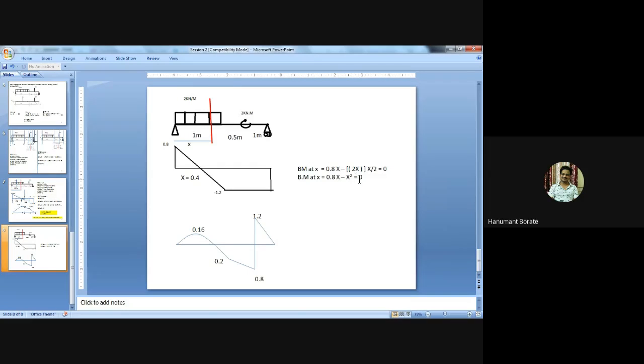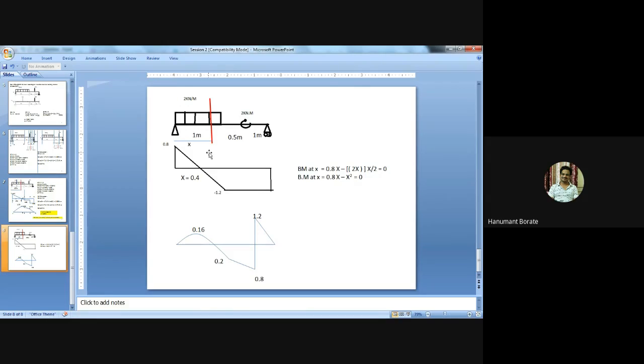0.8x minus x square equal to 0, right? So we'll get x into (x minus 0.8) equal to 0. Okay, so we'll get two values of x, but we know that the value of x will be valid within a distance of 1 meter.